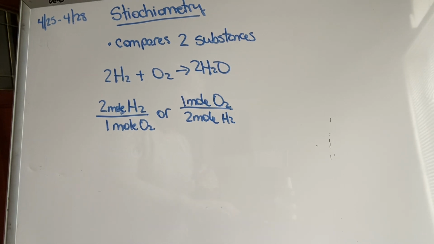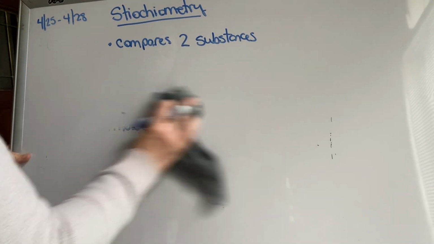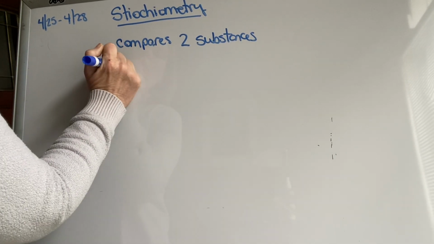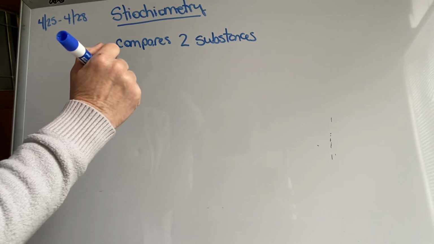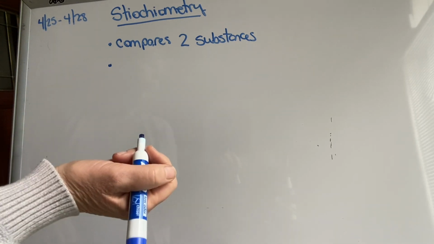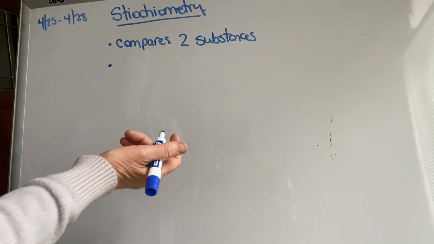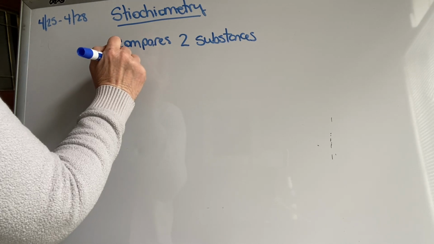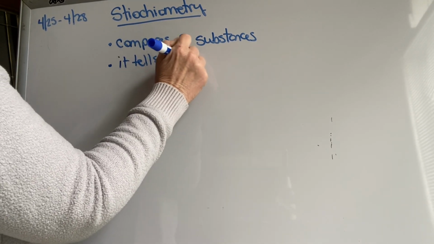What you should be asking yourself is why, why would we need to do that? And the answer is, it helps you determine how much product you're going to produce, or how much reactant you need in order to produce a certain amount of product. So it tells how much.